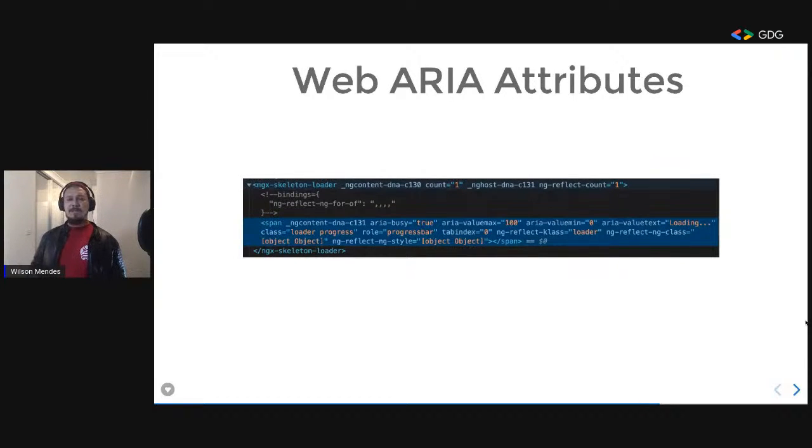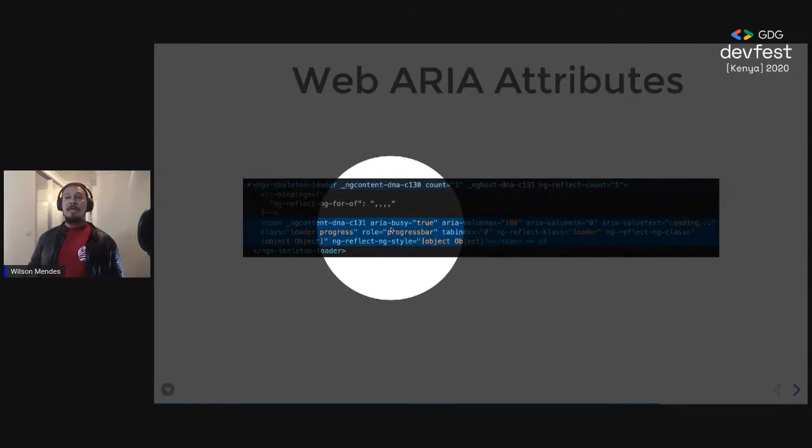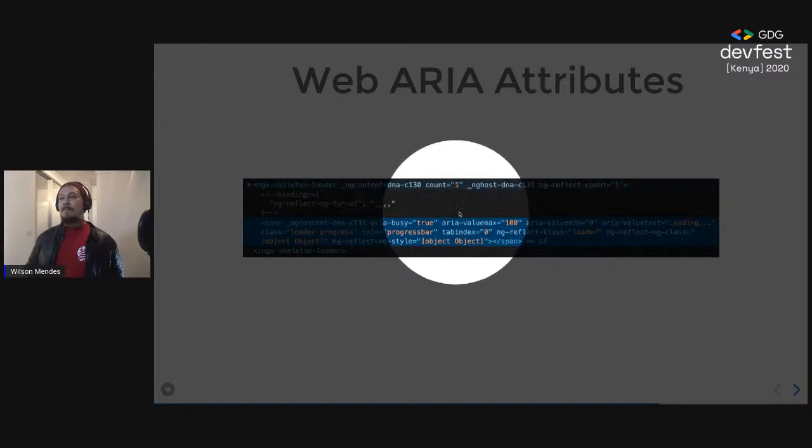As you can see in the screenshot, when you render the skeleton, you can add attributes like aria-busy, which says to the browser that something is happening and this is a place that's loading something, and that also shares the same information with screen readers, which is quite useful if you have some disability.